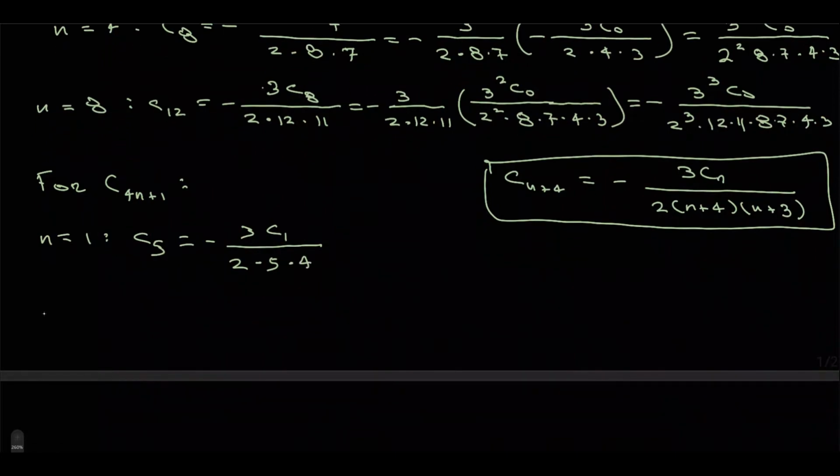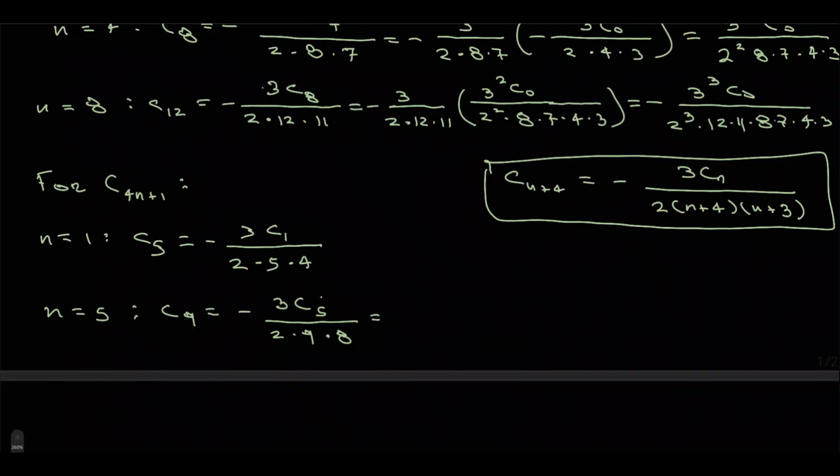Okay, the next coefficient corresponding to n equals 5, this will be c sub 5 plus 4, that is 9, equals negative 3 c sub 5 divided by 2 times, okay, 5 plus 4 is 9 and 5 plus 3 equals 8. All right, but you might want to write the c sub 5 in terms of c sub 1.